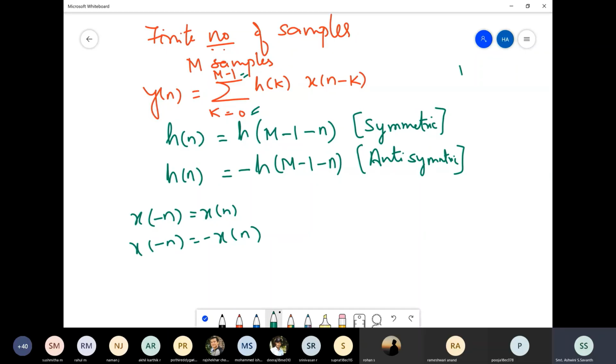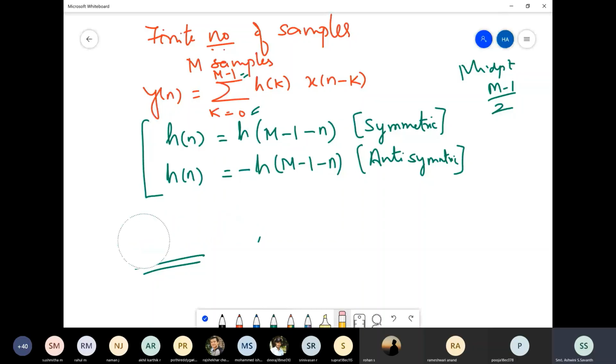About the midpoint, that is M minus 1 by 2, the signal is symmetric. So the equation obviously will change. It will not be the same as what we had written. These two equations are the conditions for the signal to be symmetric or anti-symmetric.